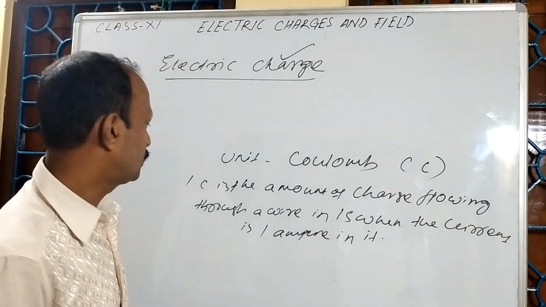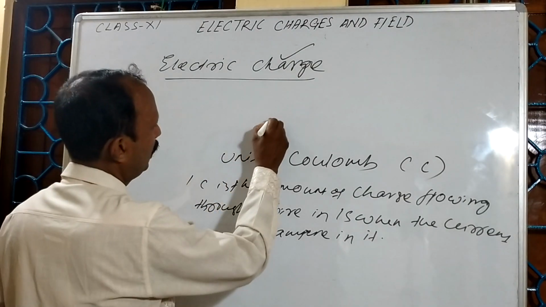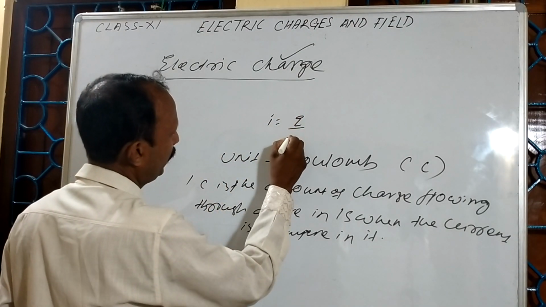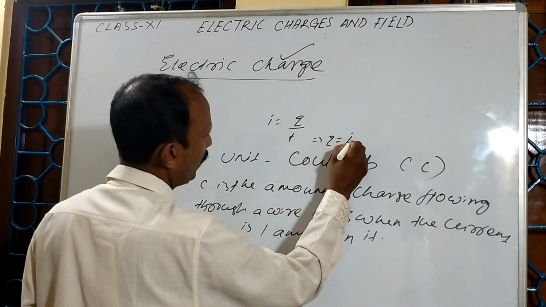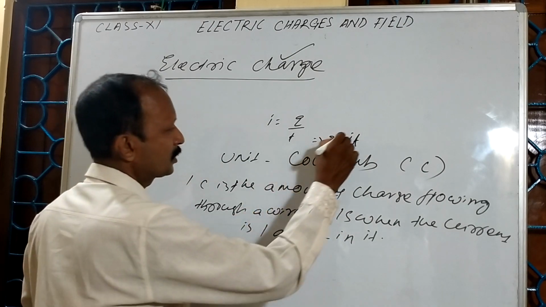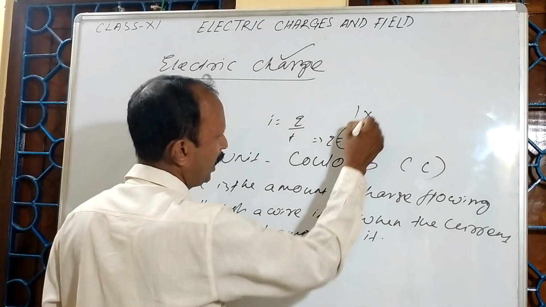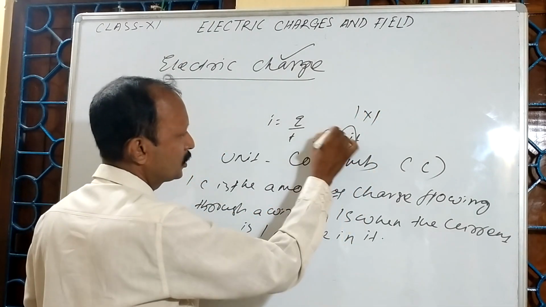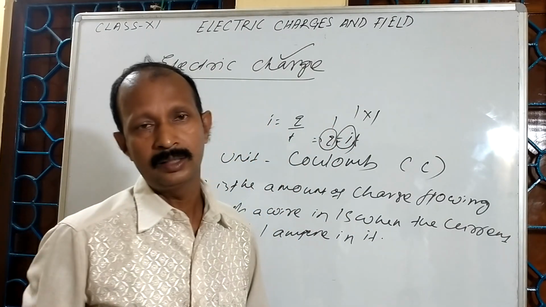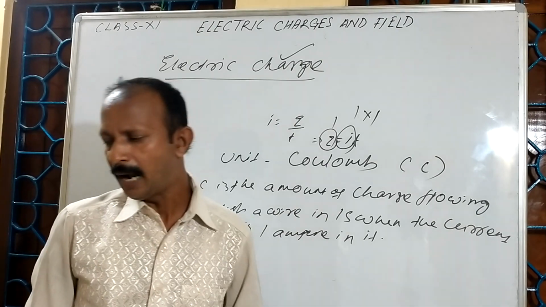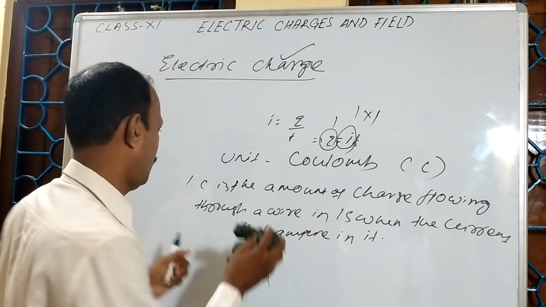In current electricity, you have studied I is equal to Q by T, or Q is equal to I into T. If the current is 1 ampere and time is 1 second, then the charge is 1 coulomb. Same thing I have written here. So this is about the unit of charge.